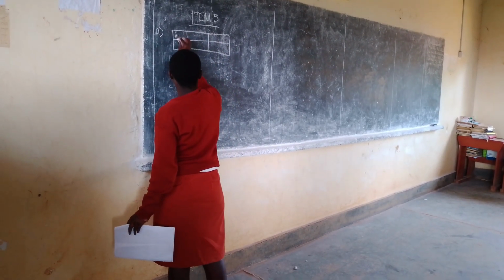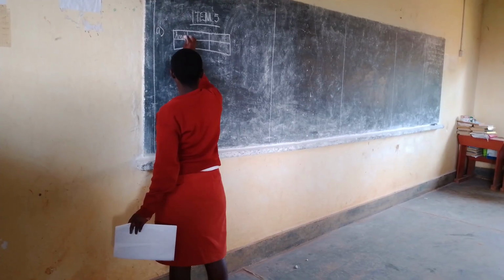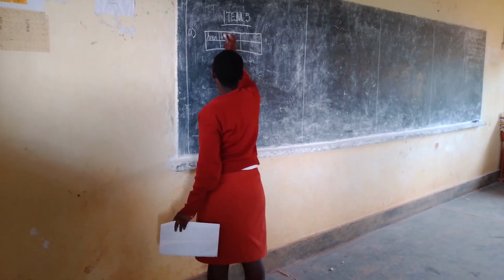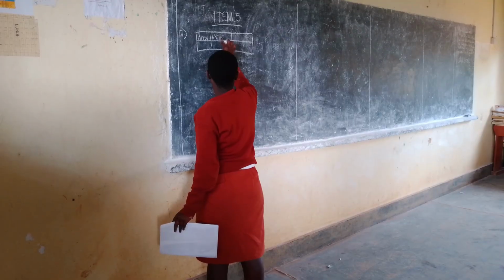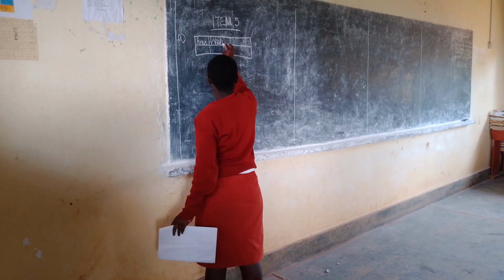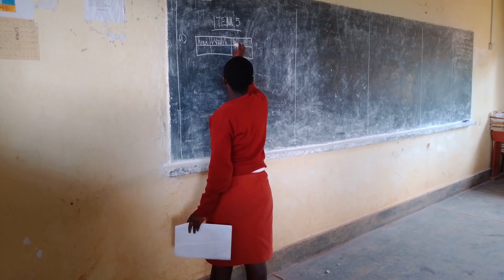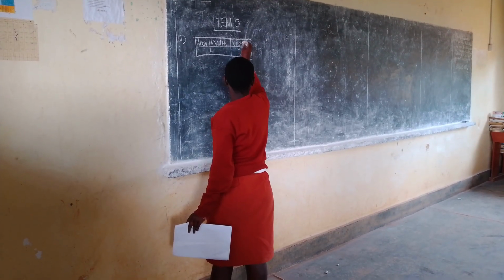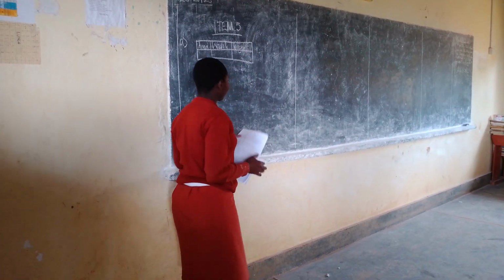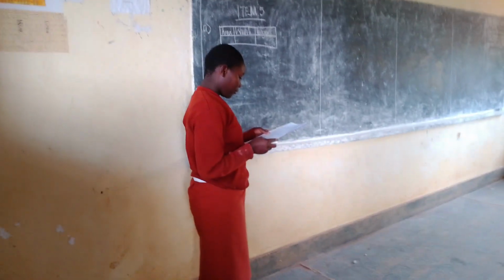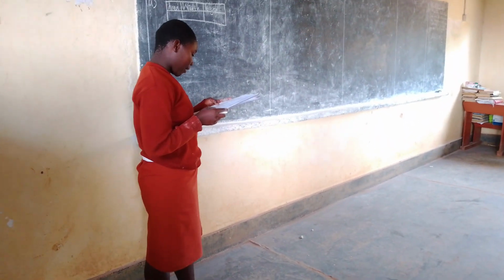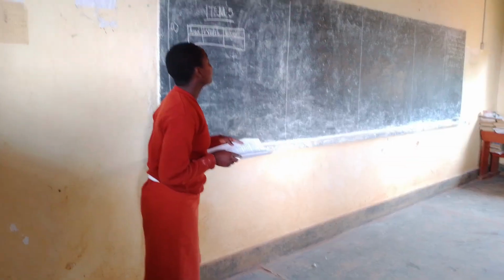This is our area, our width, and the length. But they have not given us the width. They have only told us that the length of the land is 4 meters longer than its width.